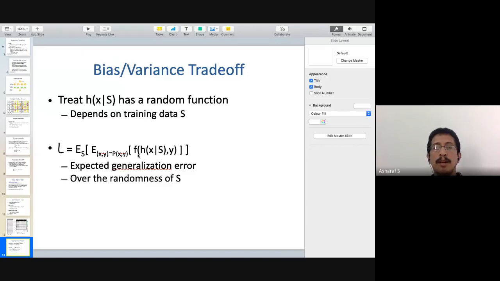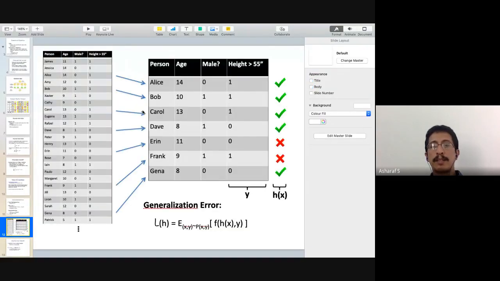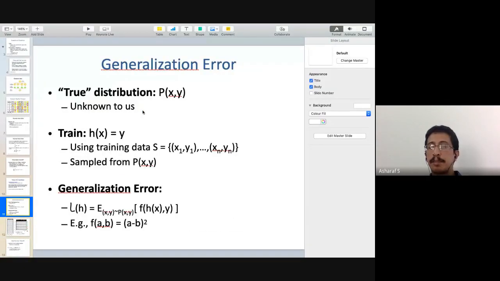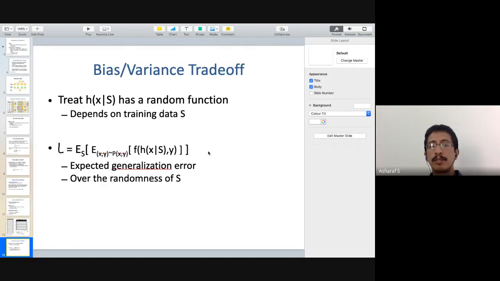The expected generalization error, which we have already seen, is over the randomness of S. S may not have completely captured the joint distribution P(x,y), but it may have a little randomness, with certain outliers, certain things slightly off the curve, not fully fitting into the context. So that's where there can be randomness of S.